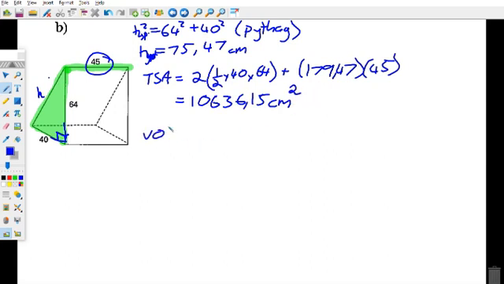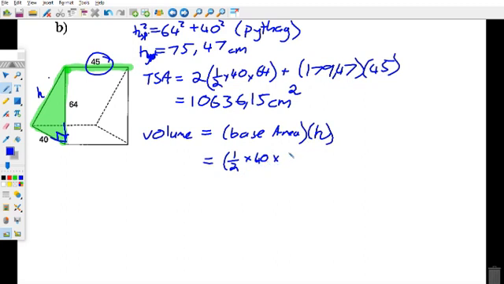Then to find the volume, we're going to find the base. It's the same formula, the base area multiplied by my height. So we're going to say half times 40 times 64 multiplied by my height, 45. So my volume there is 57,600 centimeters cubed, because it's a volume.